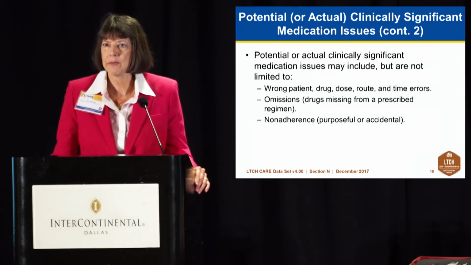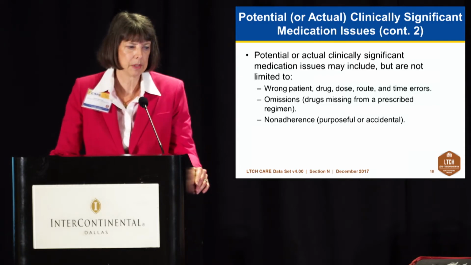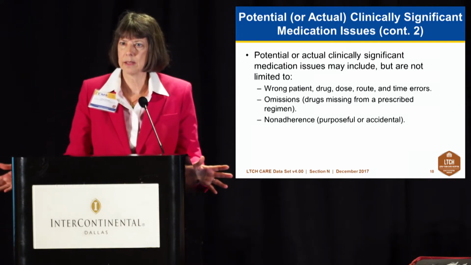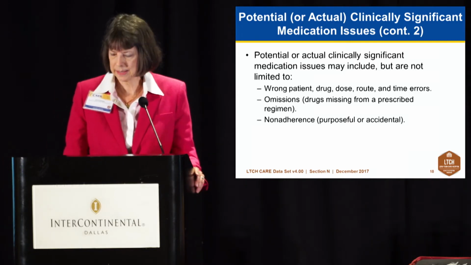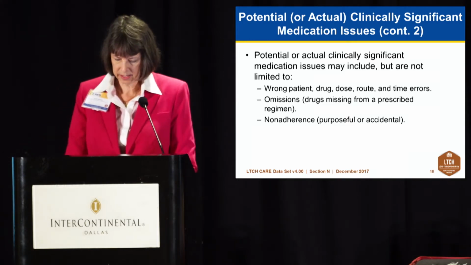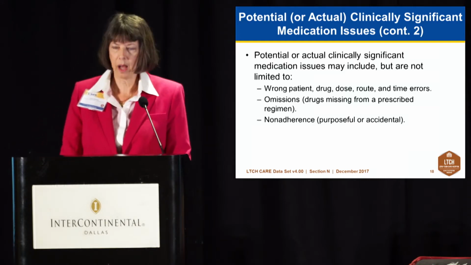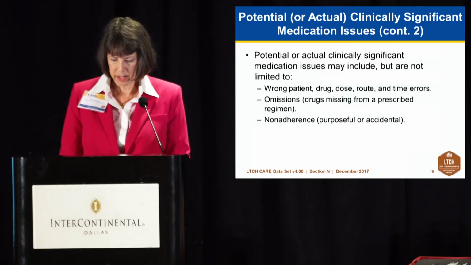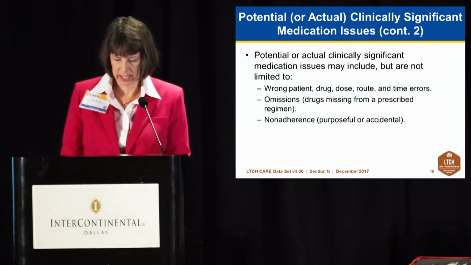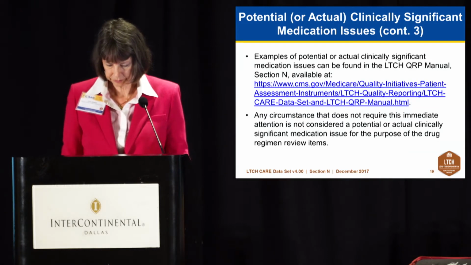It could be errors of omission, such as drugs missing from the prescribed regimen. It could be non-adherence, which may be purposeful or accidental as well. So remember, this is not a finite list of examples, and your facility may recognize other examples that, in your clinical judgment, would require timely communication and remedy by midnight of the next calendar day.